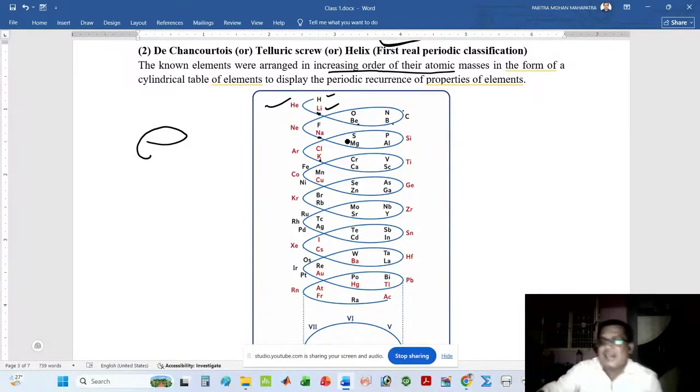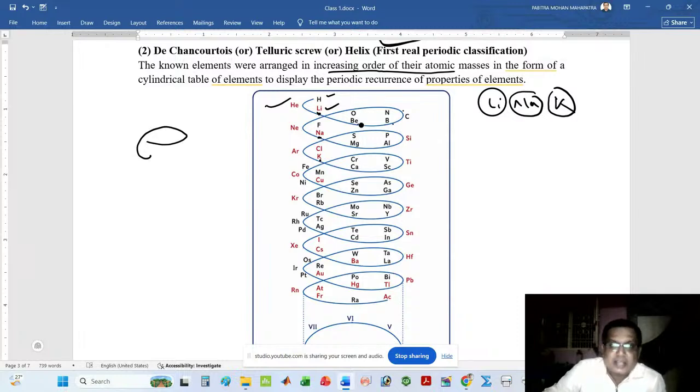In the first circle, you will find the beginner is lithium. Next is sodium. When you go another circle, then next is potassium. What may be the property of lithium that is repeated also in potassium, also in sodium.